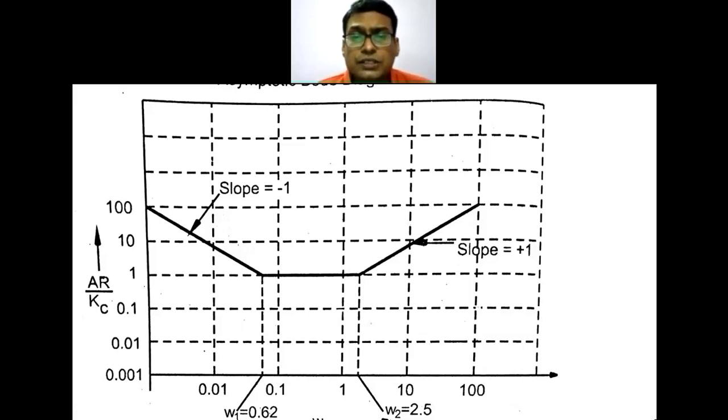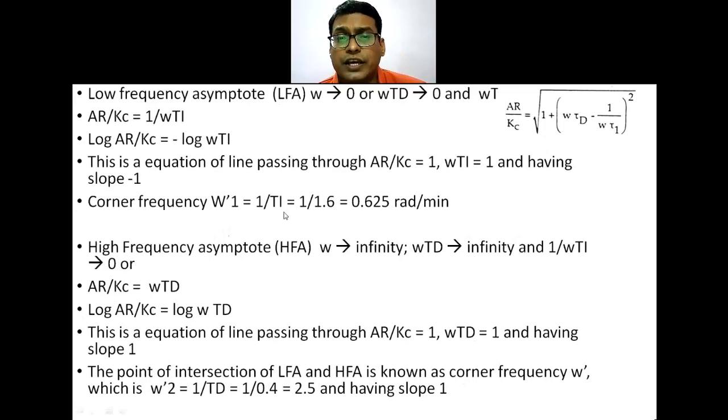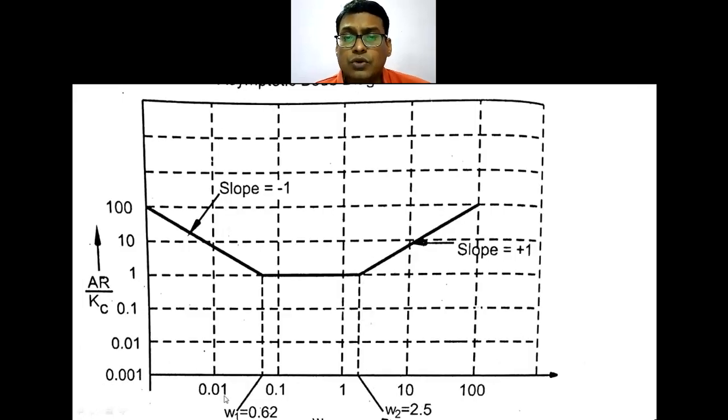So this is the first corner frequency, with the integral time, and with the derivative time, the second corner frequency, that is omega 2, which is equal to 2.5, will exist. So one is because of the integral time constant, and the second is because of the derivative time constant. So that will depend on the time constant values.